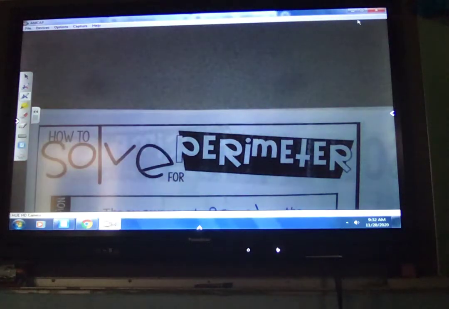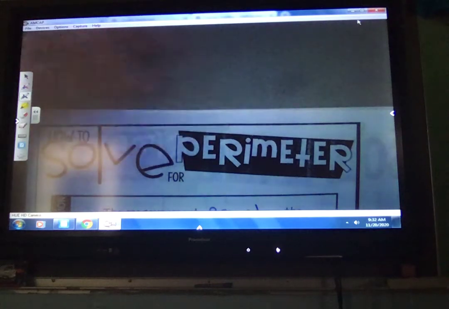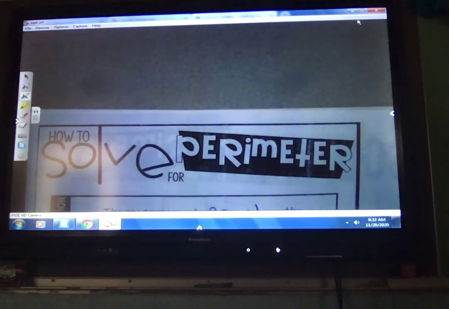So we're going to use that rap to help us on perimeter. So you have a definition. Remember what this rap says. Perimeter is the fence that goes all around. So when we're doing perimeter, we want to pretend that we are standing on the outside of a shape and we are walking around the shape.